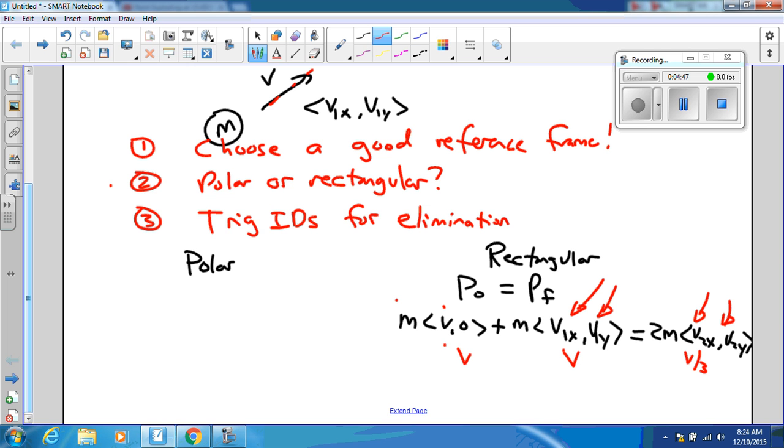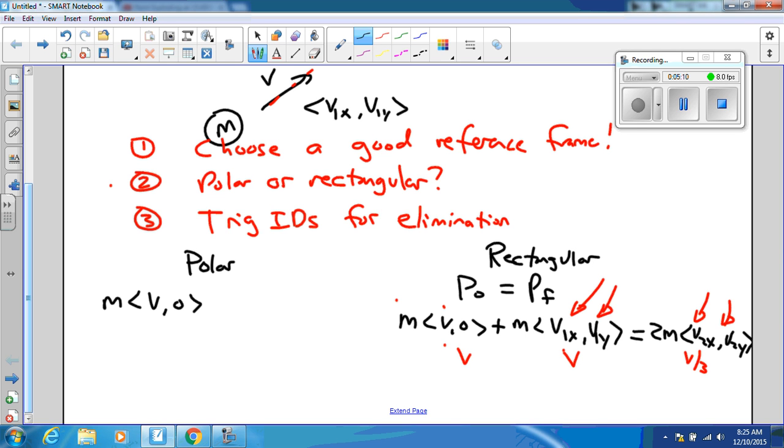I ought to be able to see that somewhere in the diagram. And there's nothing about this that expresses the fact that the final speed is v over 3. So I can write the rectangular form easily, but when I look at it, it doesn't really express or capture the problem very well. And that told me, hey, maybe I want to try instead polar form here.